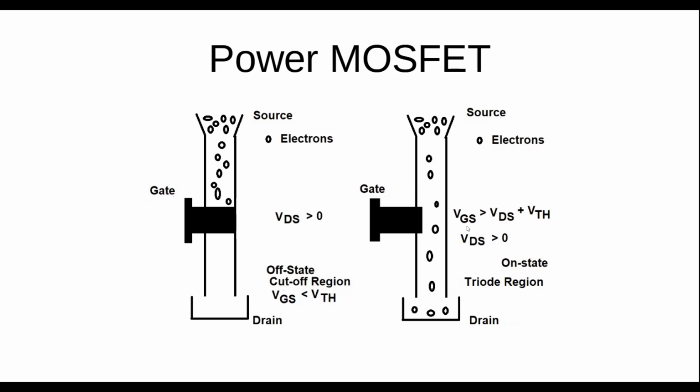So the condition for this is that VDS is greater than 0, but we also want VGS to be greater than the combination of VDS plus V threshold. This is the condition for it to be fully on. Then you have a large amount of electrons flowing from the source to the drain, which means a lot of current flowing from the drain to the source.